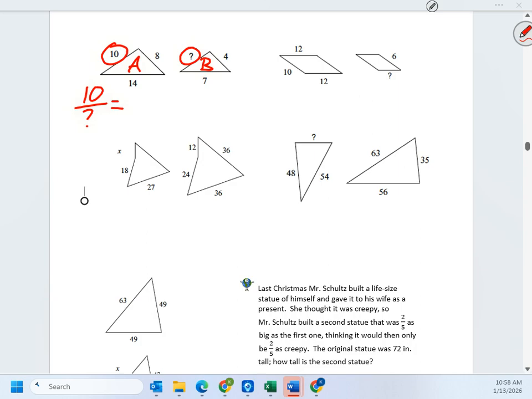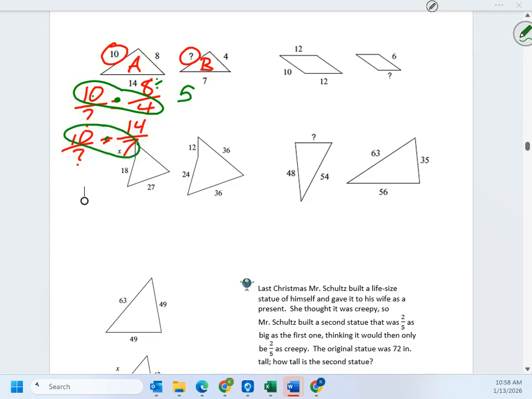Now Clara's question is, what if we do 8 over 4 versus 14 over 7? Will we get the same answer? Let's do a quick check. 10 times 4 is 40, divided by 8 gives me a 5.